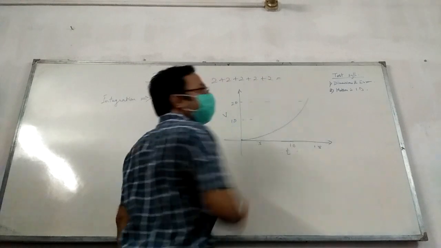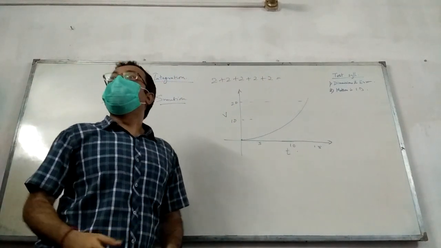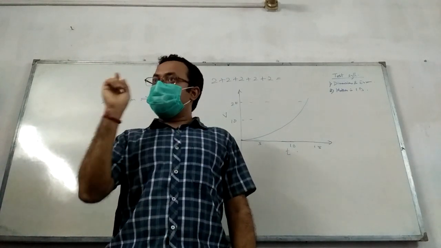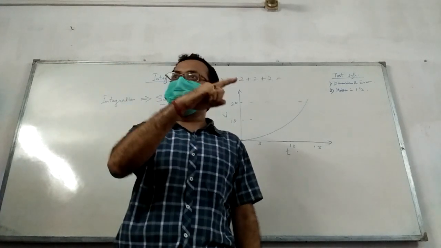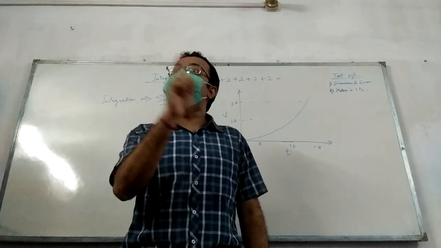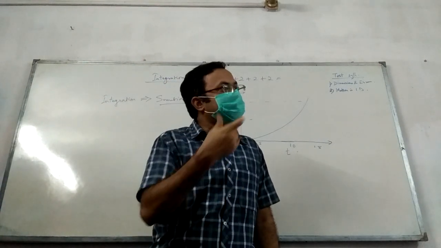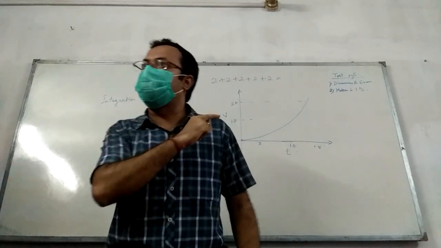How did you do it? 10. But did I ask you to do 2 into 5? I asked you to add. But did you do addition? No, you did multiplication. Why? Because you know that when you are multiplying, at the end of the day you are basically adding up the numbers, and that is why you did the multiplication directly.